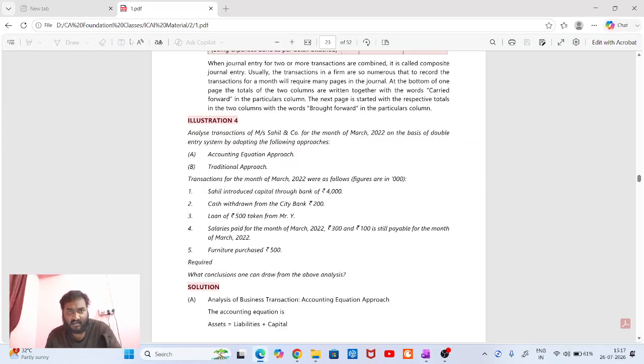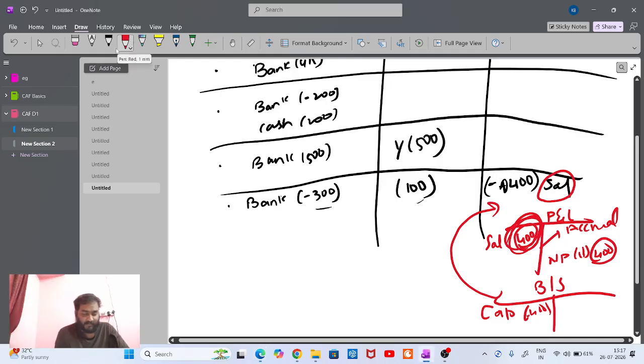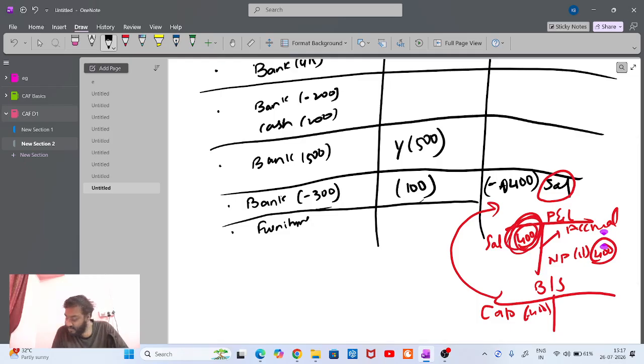Is there any other entry? Oh, purchased furniture. Furniture is an asset. How much is the amount? 500. How did we purchase? By bank.